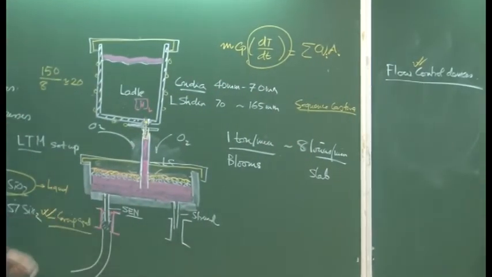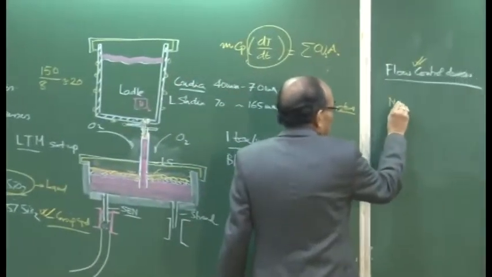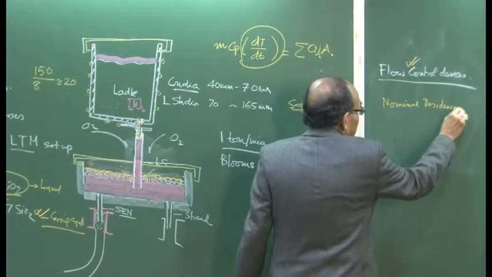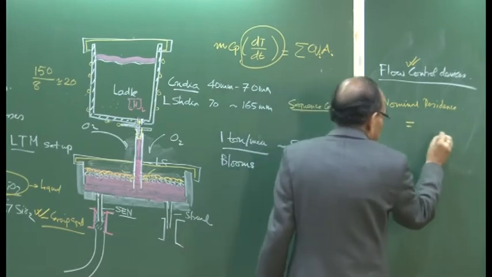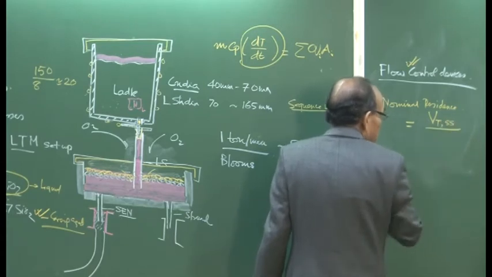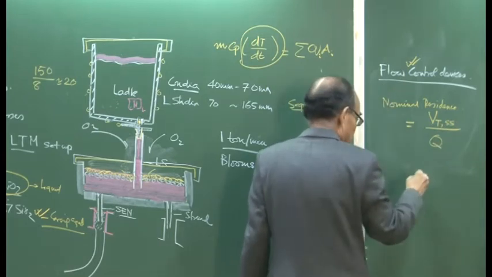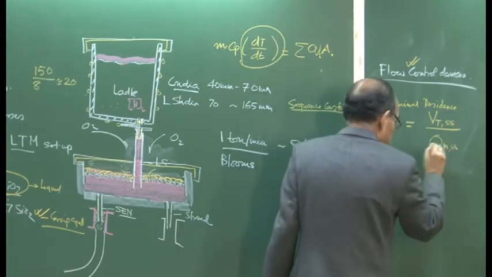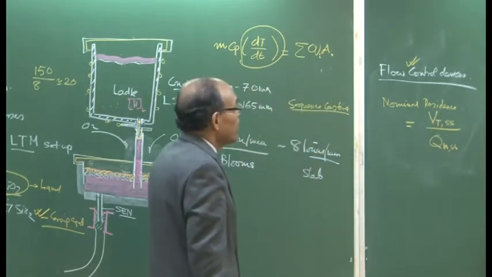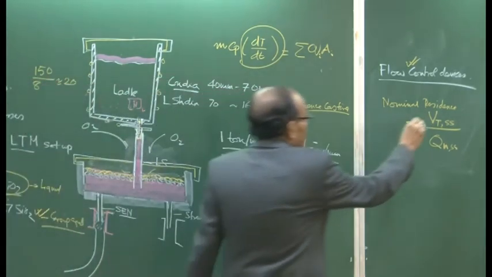When the tundish is operated under steady state, there is a parameter called nominal residence time, which is basically the steady state tundish volume, V tundish at steady state, divided by the volumetric flow rate from the ladle, Q in at steady state, in meter cube per second. If you divide one by the other, you get a parameter in seconds, and that is the nominal residence time.